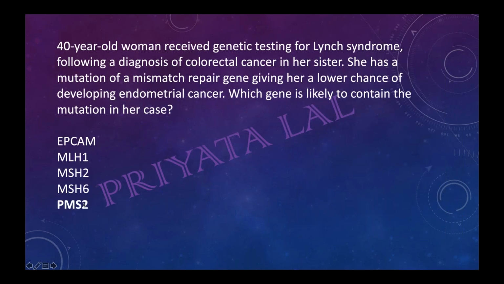So the answer will be PMS2. This is a question from the strategy bank. Therefore, because of that, I have put that incidence table. So the answer is PMS2. This gene is likely to have lower chances of endometrial cancer. This you should remember. Maybe you get the same question in your exam.